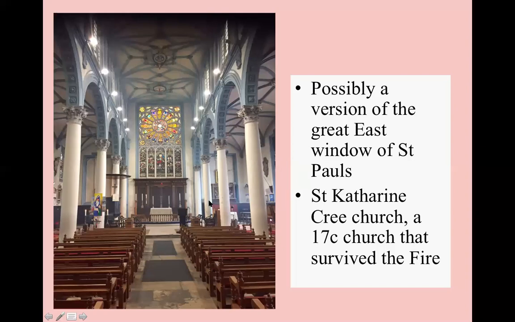It's gone, but there is a church still standing in the city of London, which was on the east side of the city, so it escaped the fire, which has an east window, which seems to recall, probably deliberately, the east window of Old St. Paul's. You can see the great rose window.